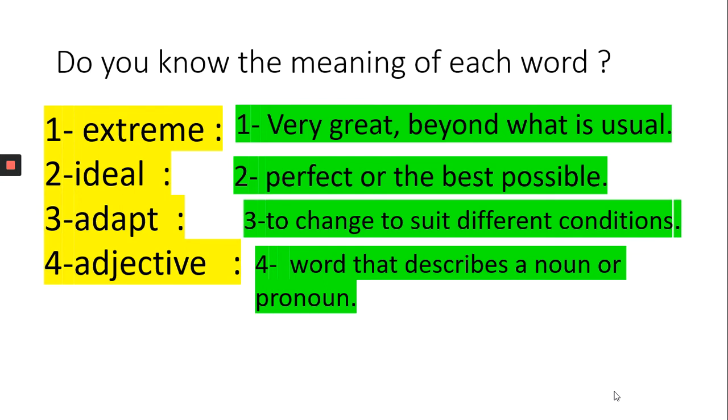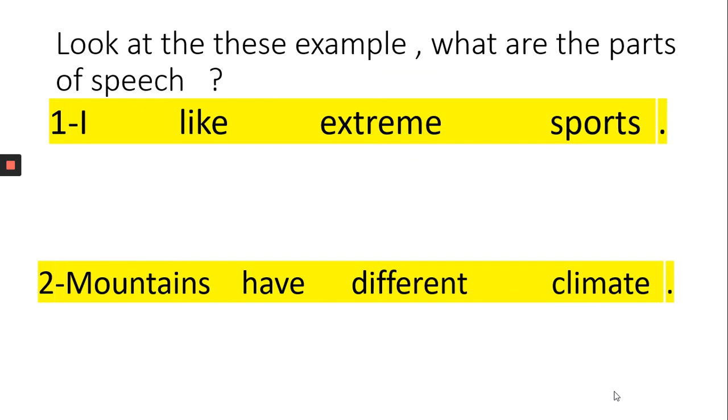Okay, let's complete the second question. Look at these examples. What are the parts of speech? Here we have two sentences. First sentence, I like extreme sports. And the second sentence, mountains have different climate. As you know before, parts of speech are nouns, pronouns, adjectives, and verbs.